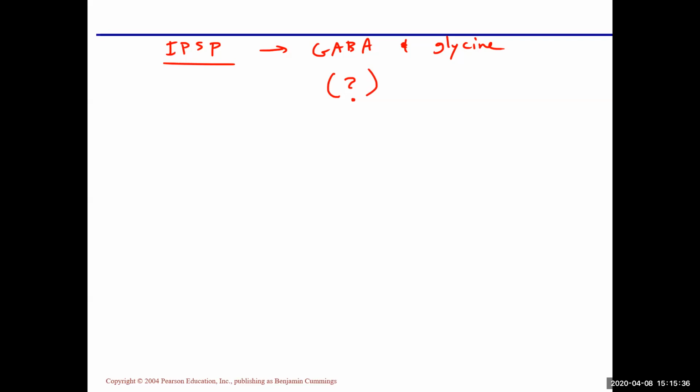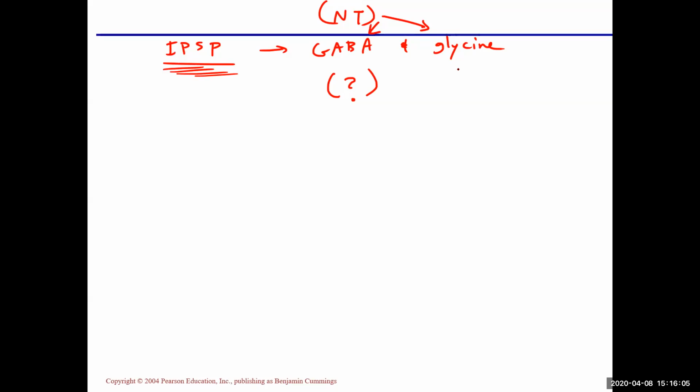These neurotransmitters, glycine and GABA, and IPSP, it's inhibitory. An action potential is less likely to happen. So my question to you is, can you see what these two neurotransmitters could cause?